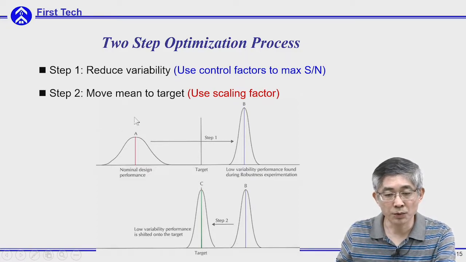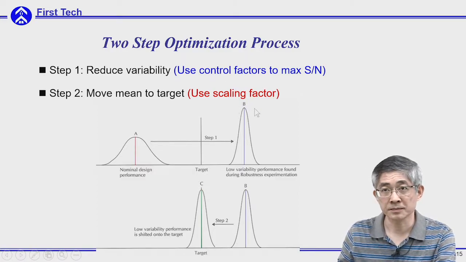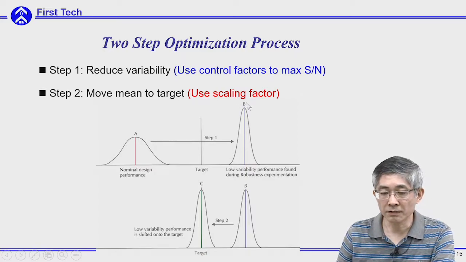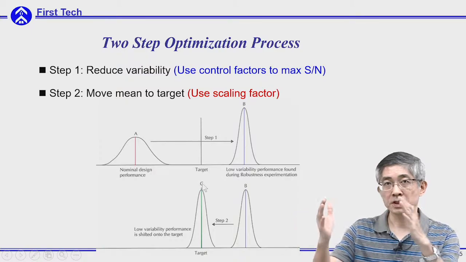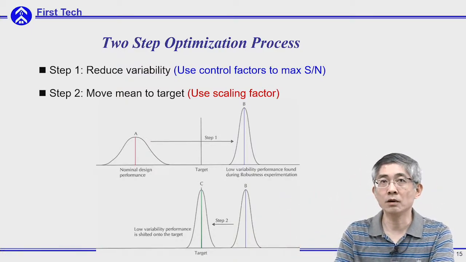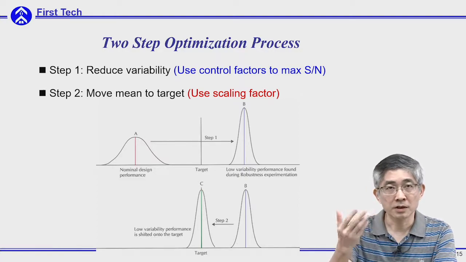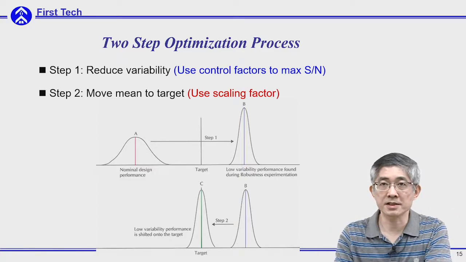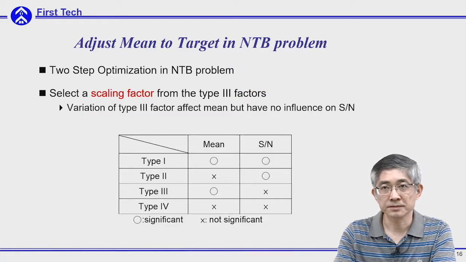Therefore, this design will come to some place B. And in the second stage, we would like to move our average to the target here. But when we move the design to the target, we still want to maintain our achievement from the first stage, where the SN ratio has been maximized. How can we do that?